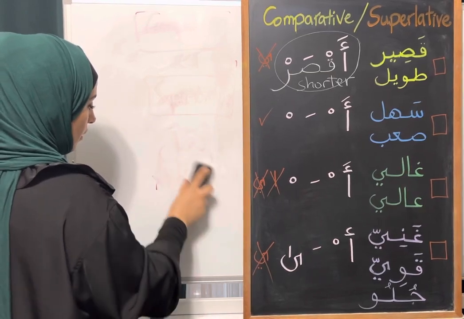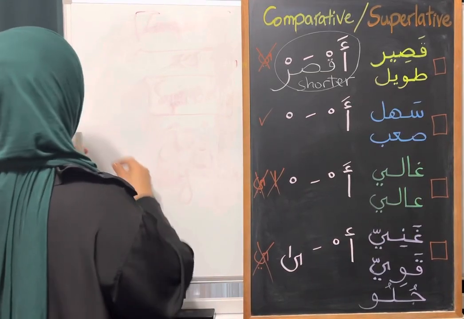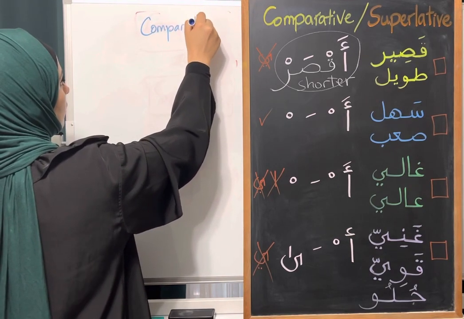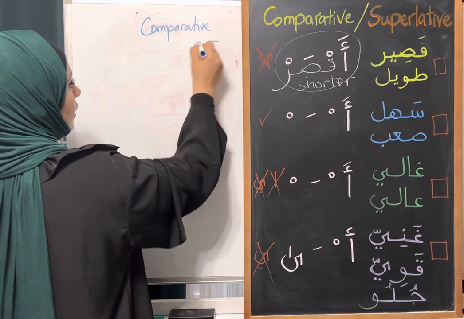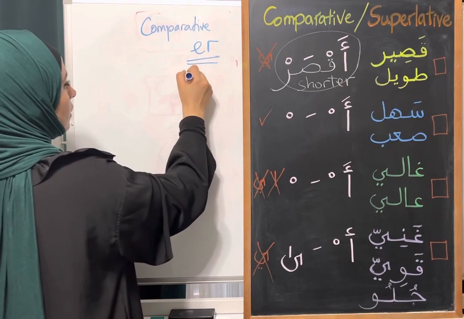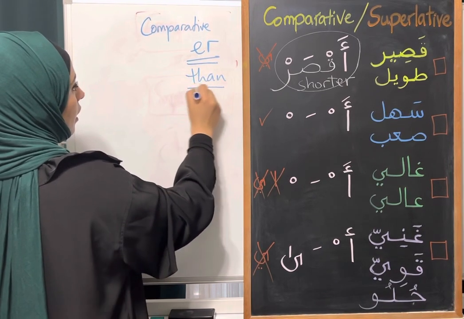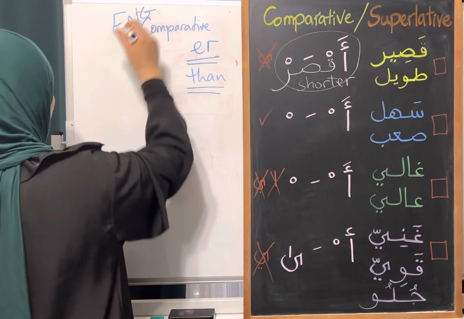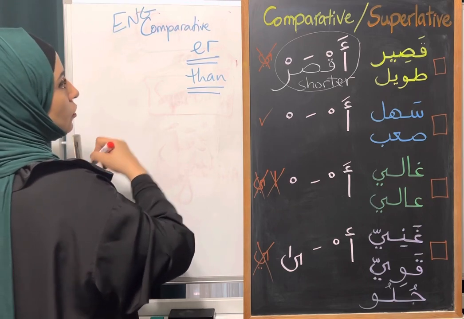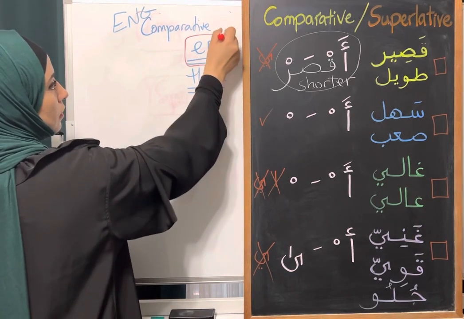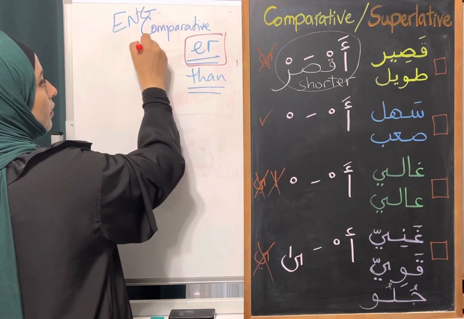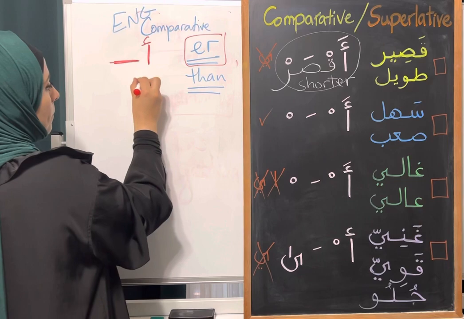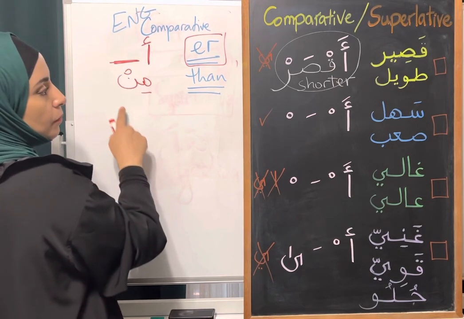So I'll just write down how I'm using superlative. So in comparative in English, we need ER. And of course, we need than. That's in English. In Arabic, what you need to do is you need to think that there is an alif at the beginning of the word. Then is min, which is also a separate word.